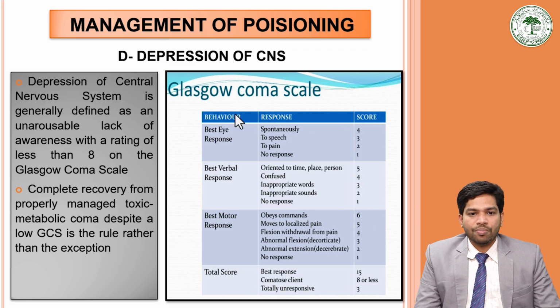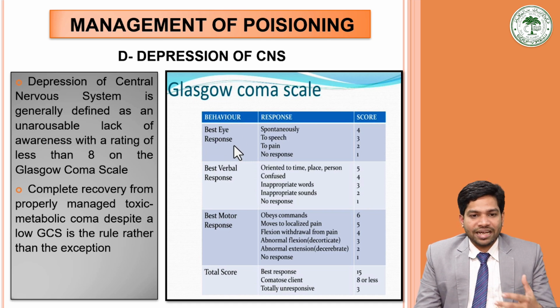In brief, under the Glasgow Coma Scale there are three main parameters. One is the best eye response, E for eye, V for the verbal response, and M for the motor response. You have to look at the response. For the eye response, check whether the eyes open spontaneously.